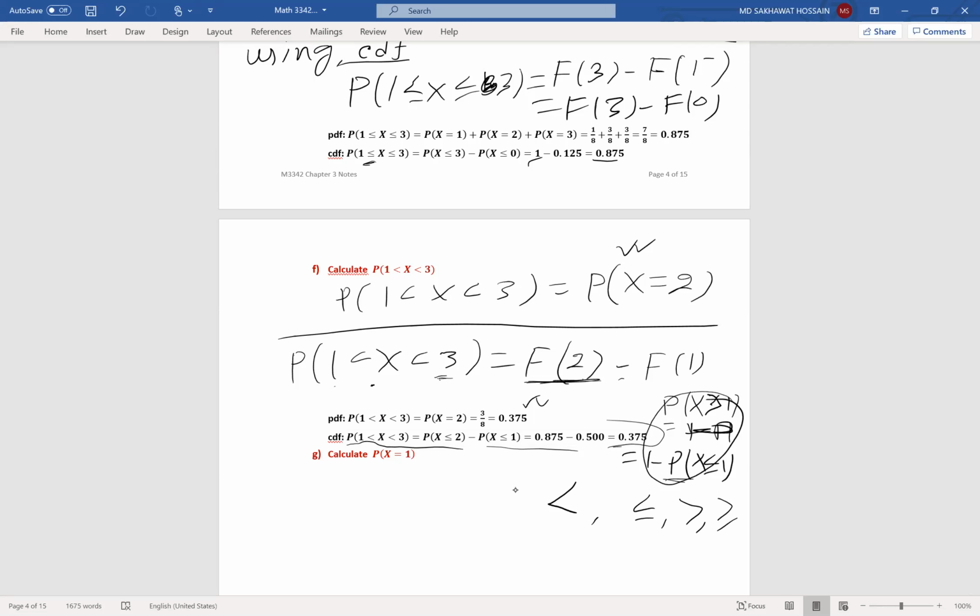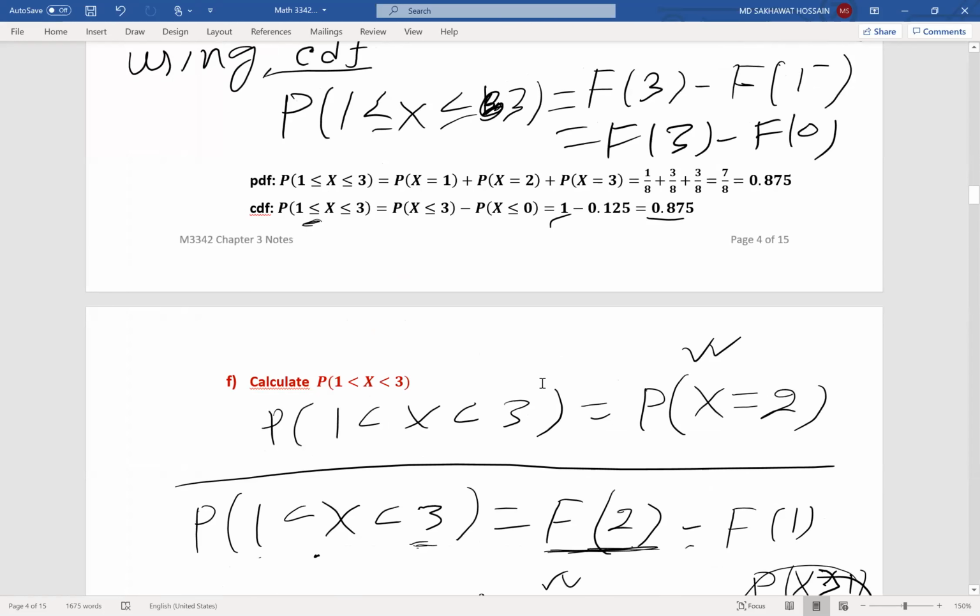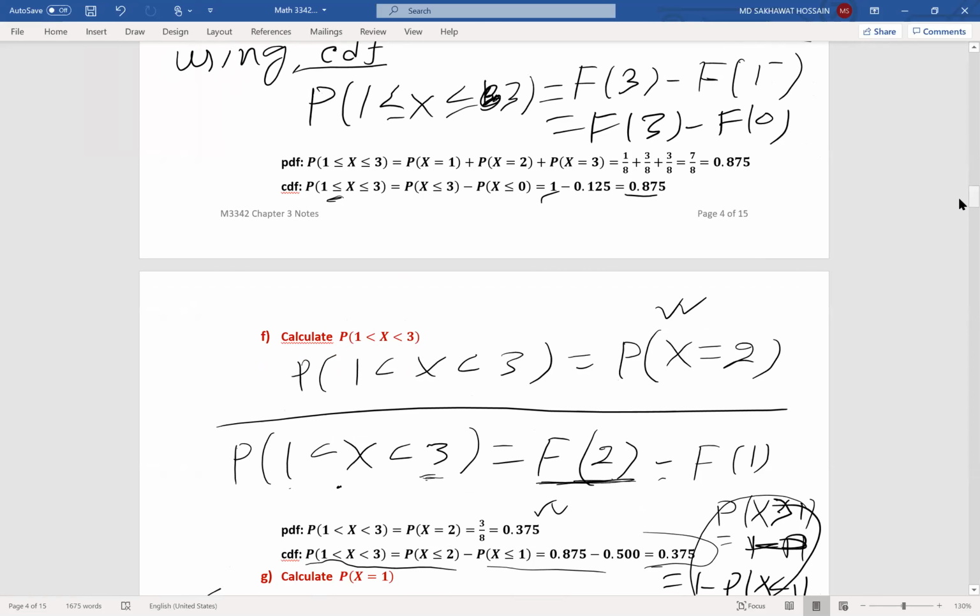But for the continuous case, whether it is less than or less than or equal, the probability will be the same, or greater than or equal, the probability will be the same. There will be no difference. But in the discrete case, the probability will be different. They are not the same, and you have already seen this. The probability is different for less than and strictly less than.